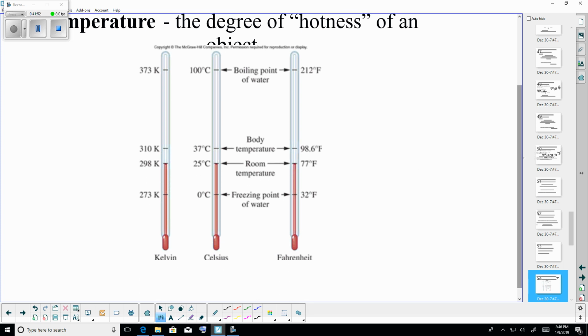Fahrenheit, which is what we use every day. Celsius, which is what we're going to use in here every day. And Kelvin, which we'll use part of the time. Celsius and Fahrenheit are degrees C and degrees F. Kelvin is just K, no degree symbol. Kelvin relates temperature to molecular motion.